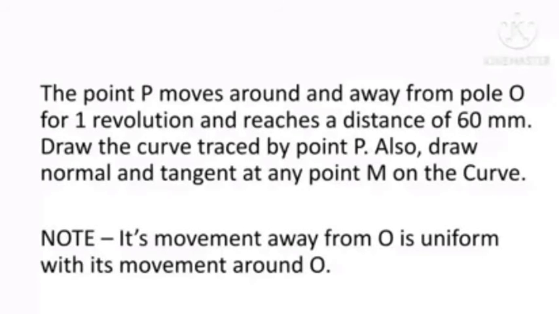In that it is mentioned that it reaches a distance of 60 mm, at the max 60 mm away from the pole O. So what we need to do is draw a circle of radius 60 mm. Before that, let me draw the axis.